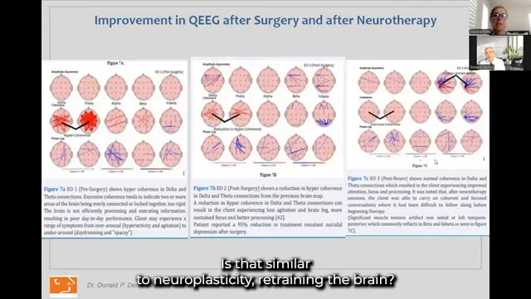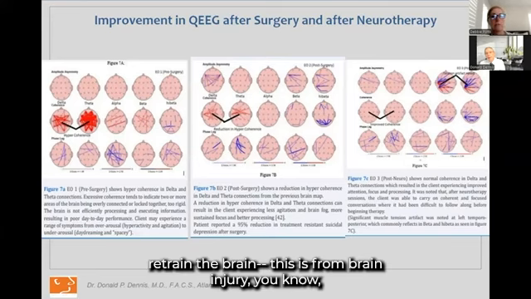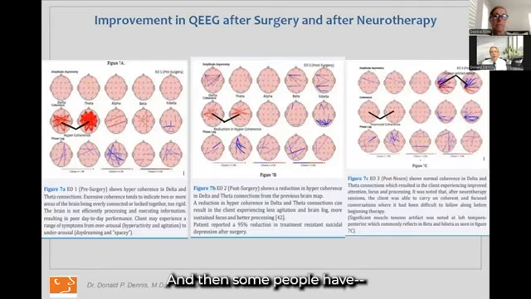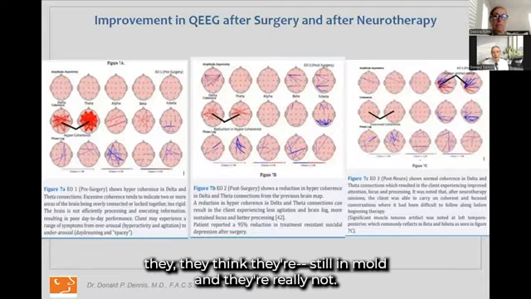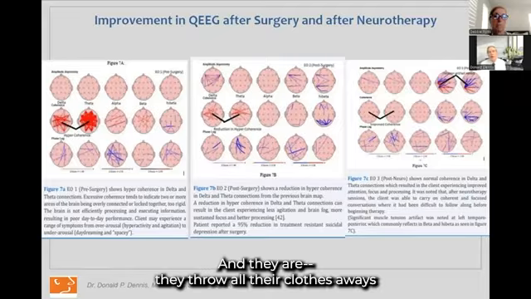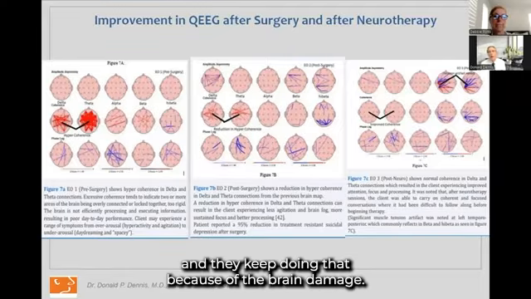Is that similar to neuroplasticity, retraining the brain? Yeah, this is from brain injury, and you're retraining the brain, and they get a lot better. Then some people think they're still in a mold environment, and they're really not. They throw all their clothes away and move to another hotel room, and they keep doing that because of the brain damage.